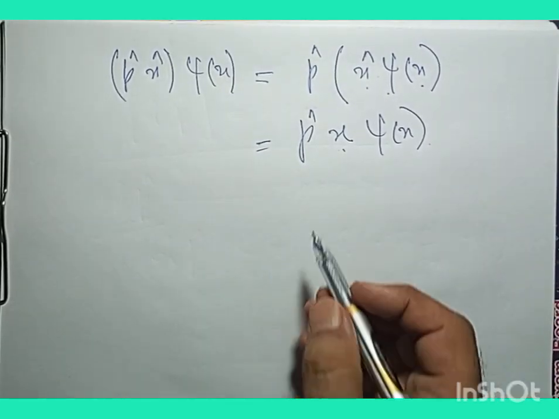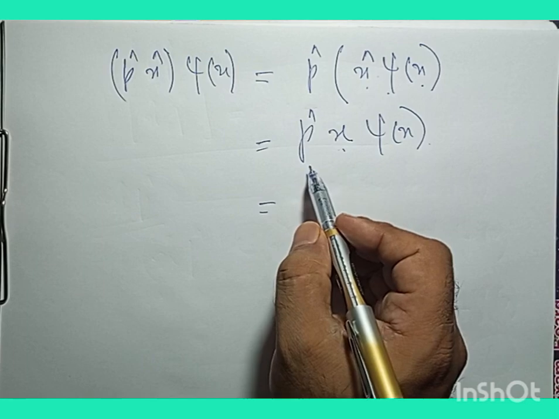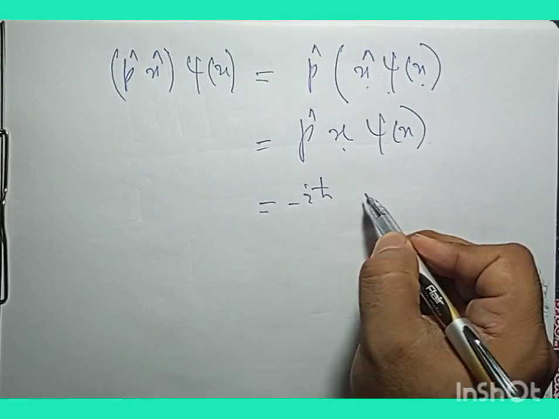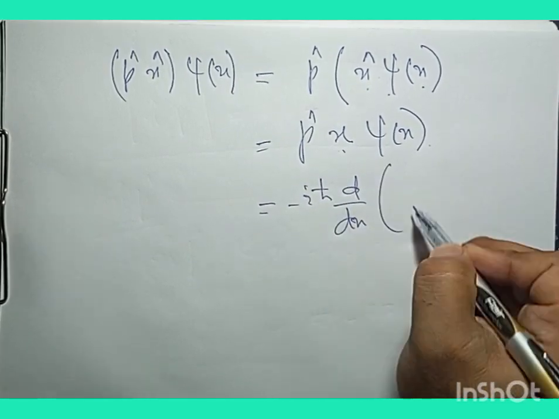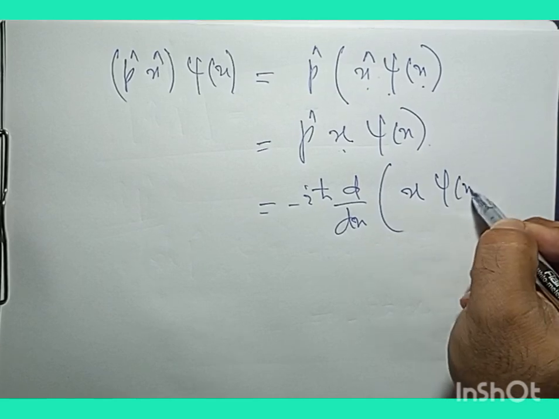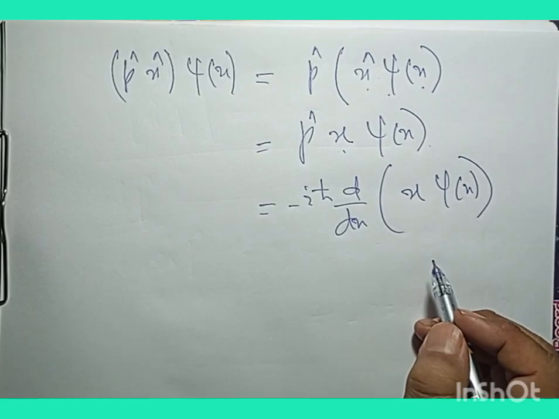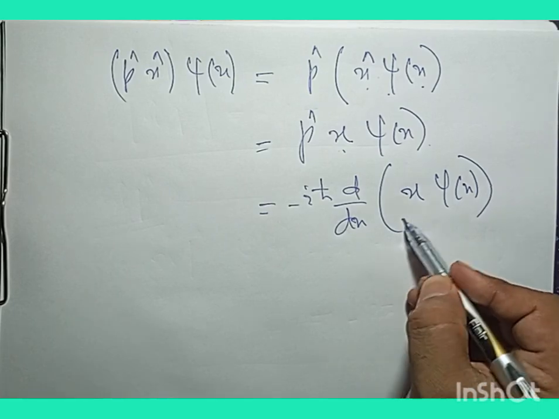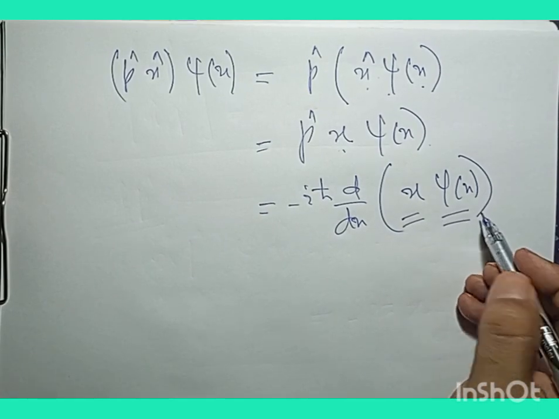So we would like to write down the momentum operator. That's minus i h cross d by dx of x psi of x. Now everything is visible to us, and we can go for the UV rule here. This x will act as u and psi of x will act as v.